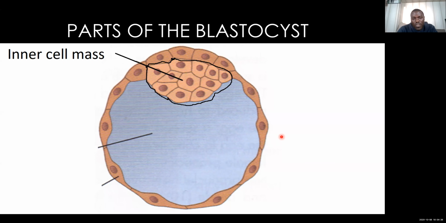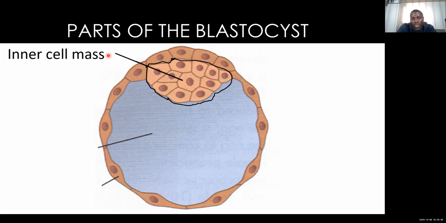There's a population of cells which are on the inside of the blastocyst. We call that the inner cell mass. The inner cell mass represents the population of cells that will later become the baby.